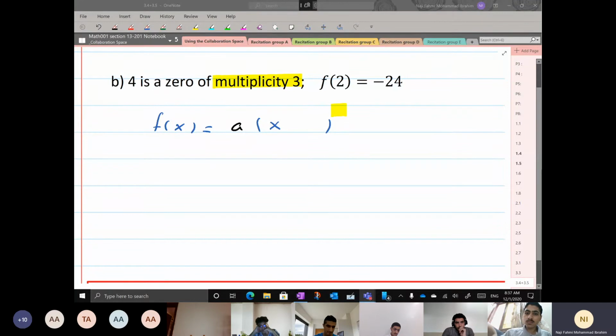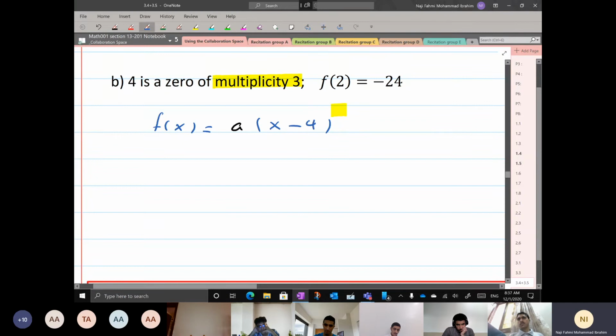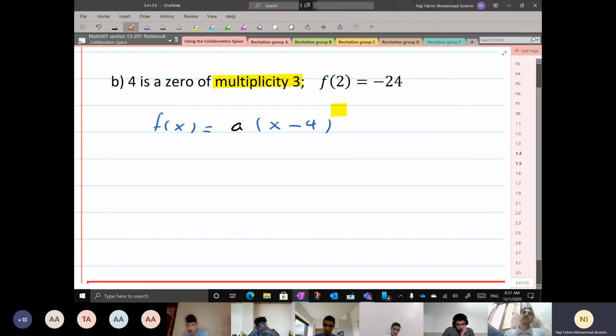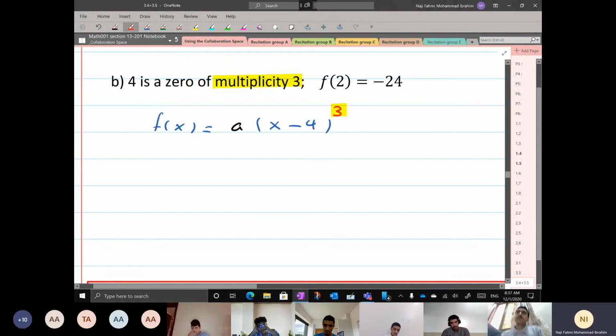Let's do it together now. What should I write inside the brackets? X minus what? And the power should be 3.